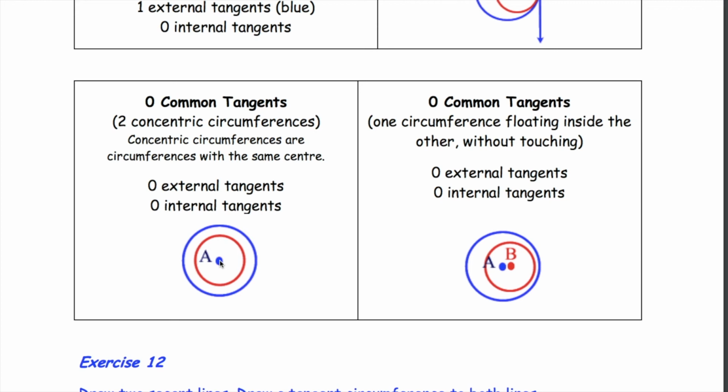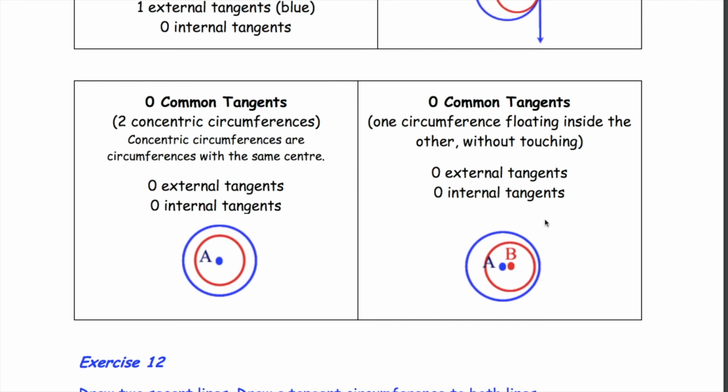They are concentric circumferences. Try to say that. That's really difficult to say. Concentric circumferences. So they have 0 external tangents and 0 internal tangents.